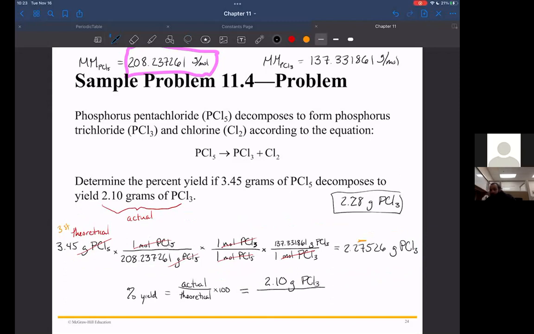My theoretical yield is what I calculated, but remember, I'm not going to take the rounded value. I'm going to use this unrounded value, this one here, with all those digits. And I'm just going to keep my sig fig marked so I know how many sig figs my answer should have. But remember, we never do calculations with rounded numbers.